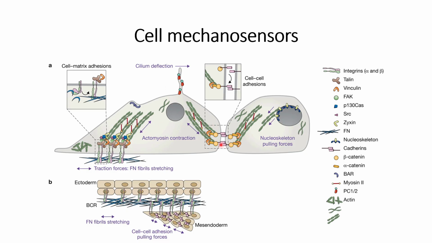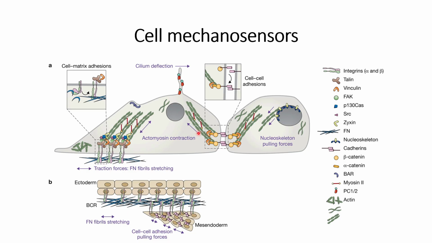These actomyosin contractions occur in both the cells taking part in this cell adhesion, and simultaneously a nucleoskeleton pulling force will also be observed in one of the cells, which is moving in the direction towards the other cell. So here the cell on the right-hand side is moving towards the left-hand side, so we can see that the nucleoskeleton pulling force is observed in this cell towards the left-hand side.